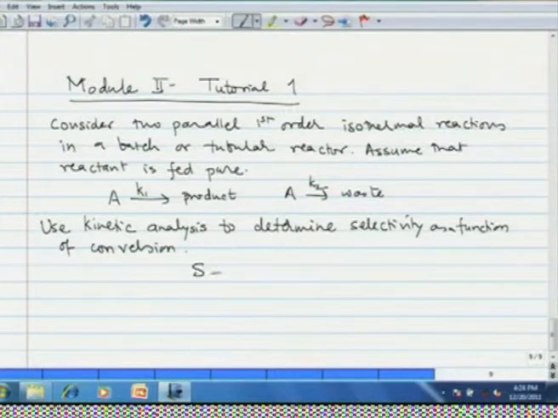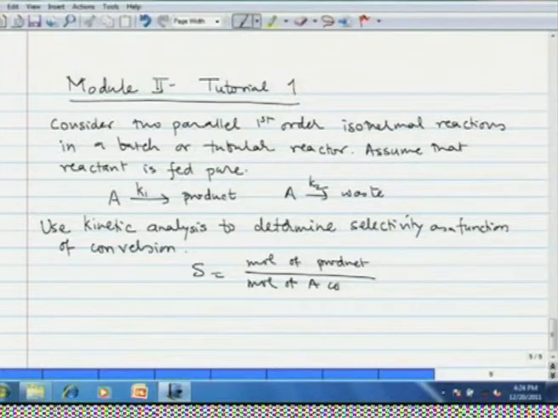So, the selectivity S is defined as moles of product divided by moles of A converted. I have already mentioned to you different definitions of selectivity. So, before you use data in literature, you have to make sure as how selectivity is defined.